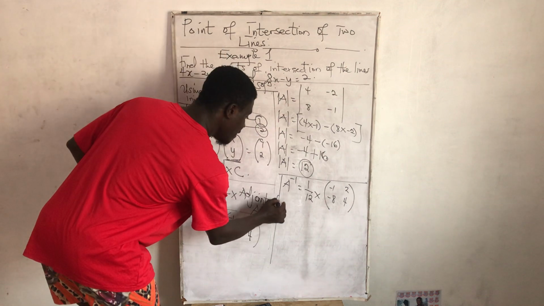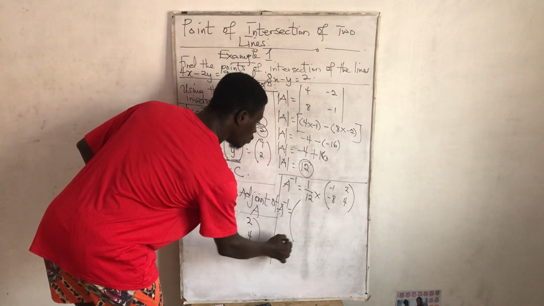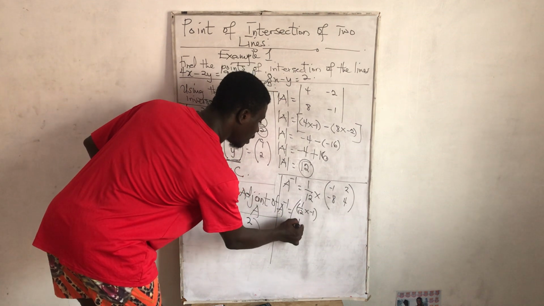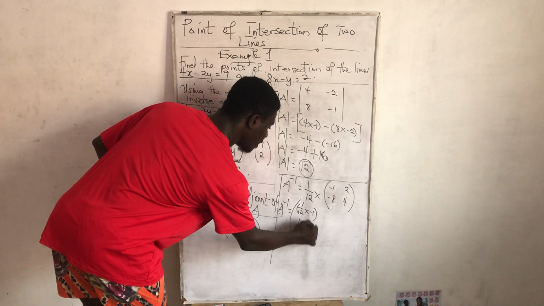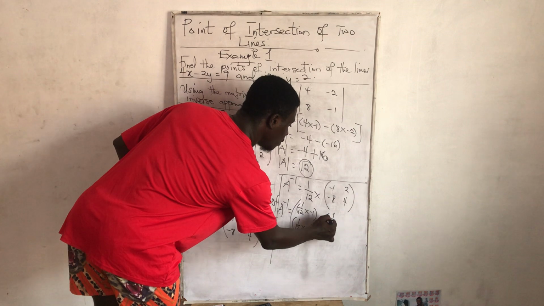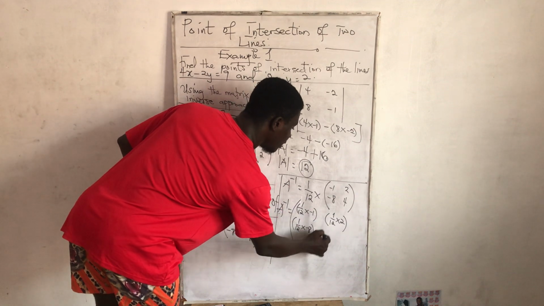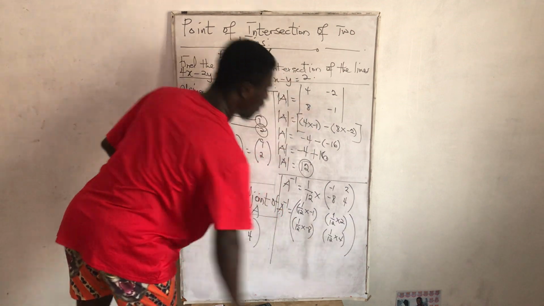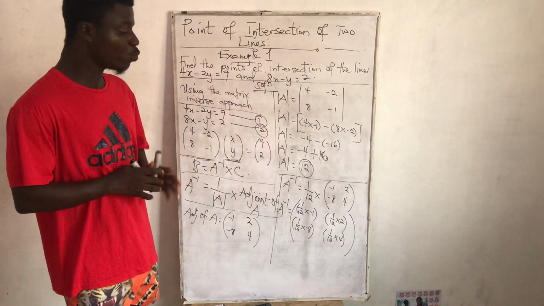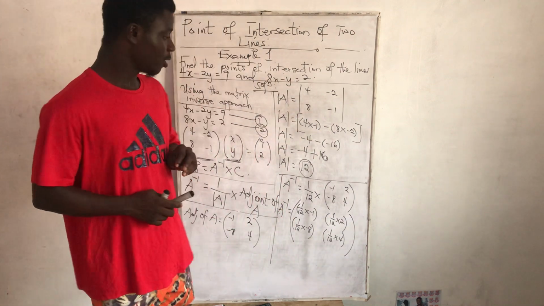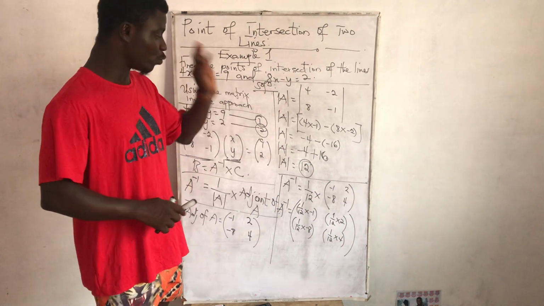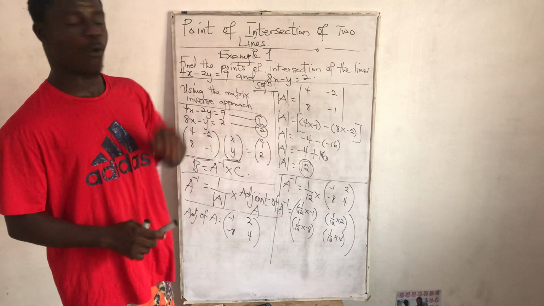So we have A inverse, which must be equal to 1 on 12 times negative 1, then 1 on 12 times 2, then 1 on 12 times negative 8, then 1 on 12 times 4. So 1 on 12 times each entry: negative 1, 2, negative 8, then 4.